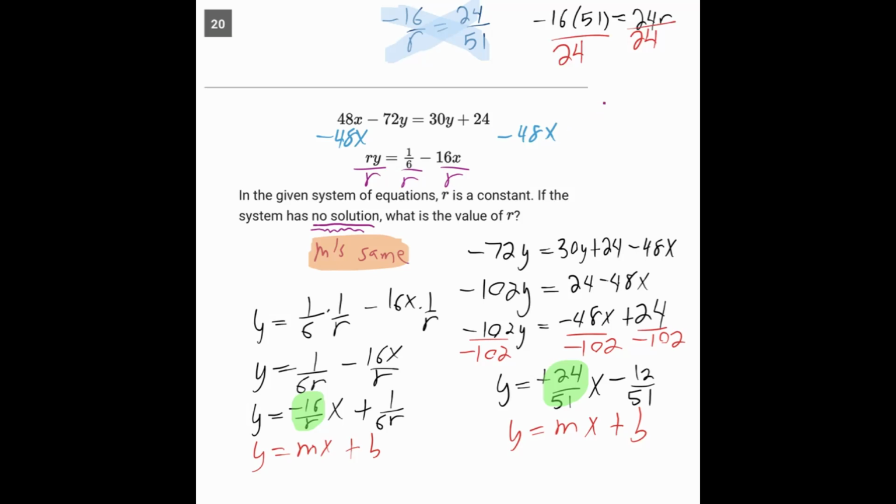And we're definitely going to have a negative number here. Negative. And the number itself is 16 times 51, all divided by 24, which is 34. So the answer to 20 is negative 34.